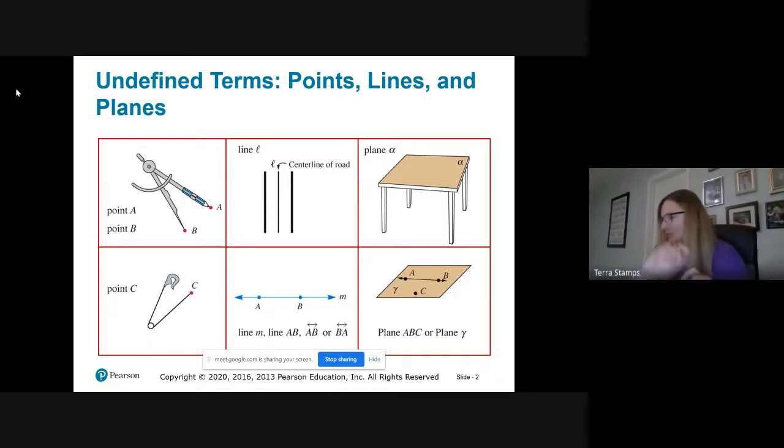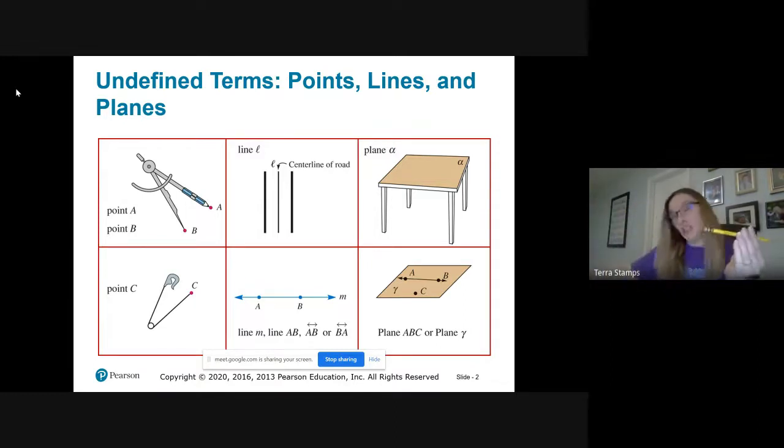A point, I want you to think of as the tip of a pencil or of a pen. Okay, that's a point. A bunch of points together in a straight pattern make up a line. Now, we don't really have that definition for straight. So that's why these are undefined terms, right? So we have the line that's made up of a bunch of points.